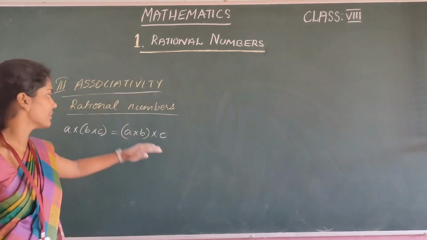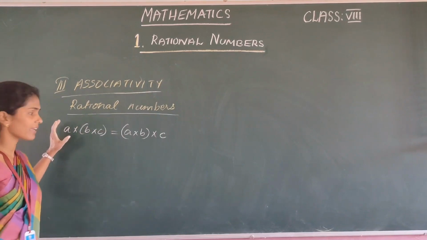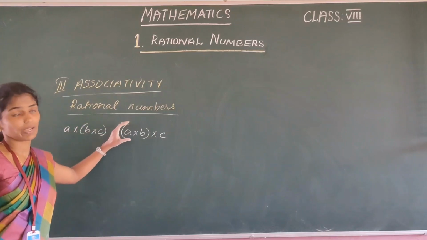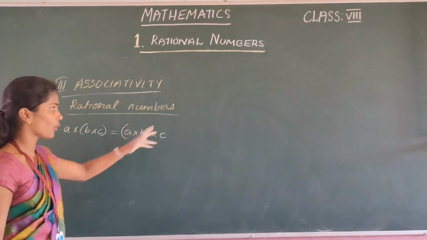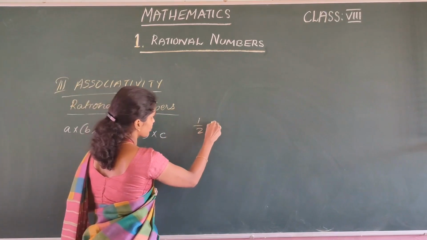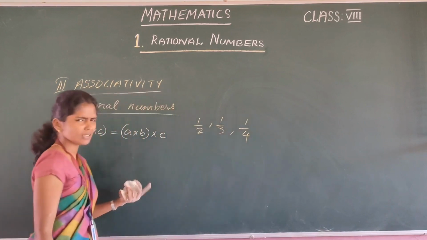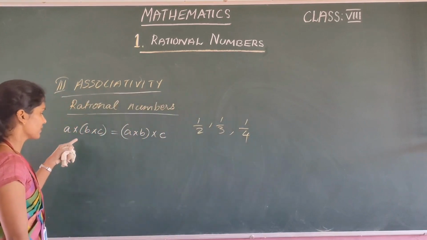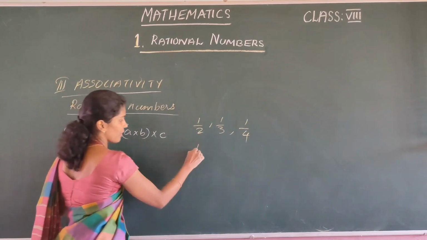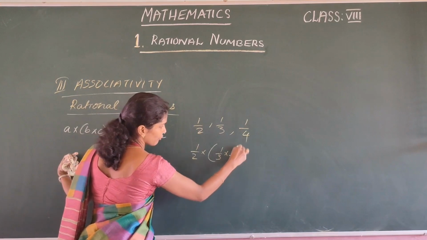Then we check rational numbers in case of multiplication. We want to check (a into b) into c equal to a into (b into c) or not. Take any three rational numbers, 1/2, 1/3, 1/4. First, (1/2 into 1/3) into 1/4.